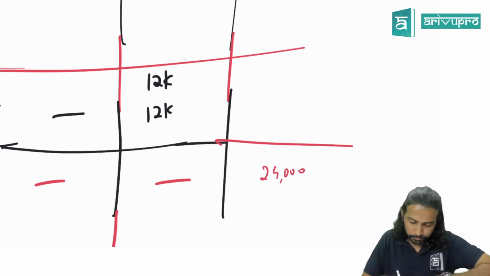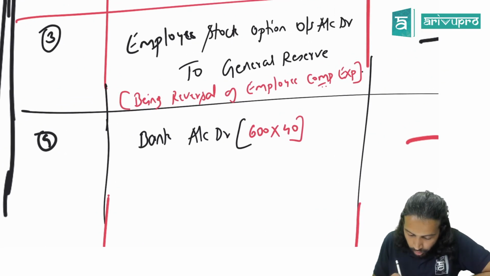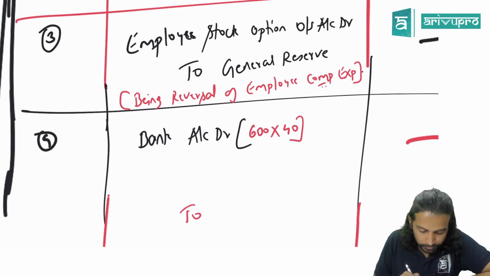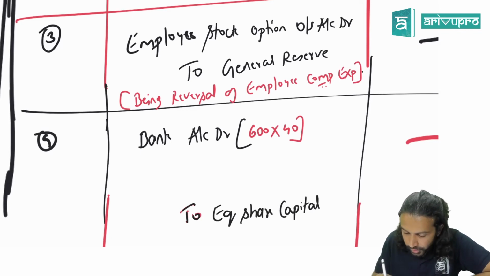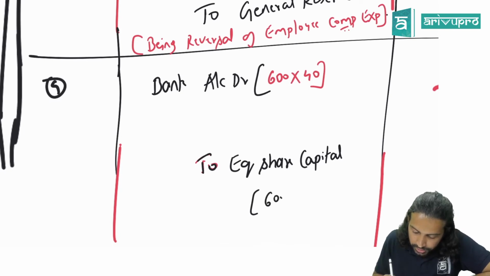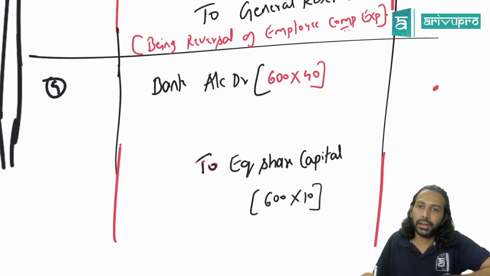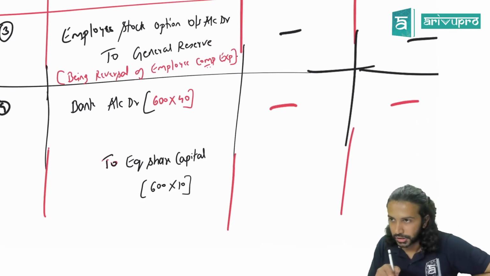Second, what did the company give to the employees? It issued equity shares. If the company issues equity shares, what will they credit? To equity share capital. How much? 600 shares, each share's face value is 10, so you'll multiply it by 10. One line I've left, just in case you're wondering.